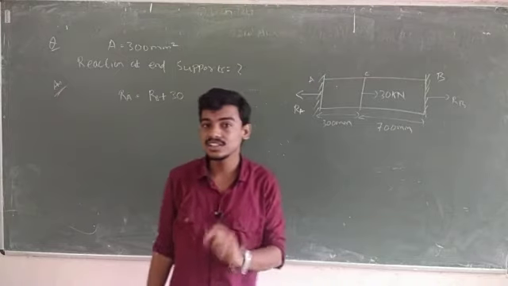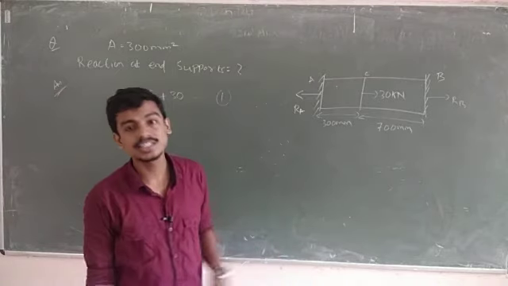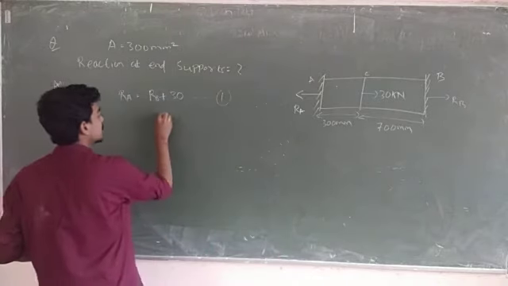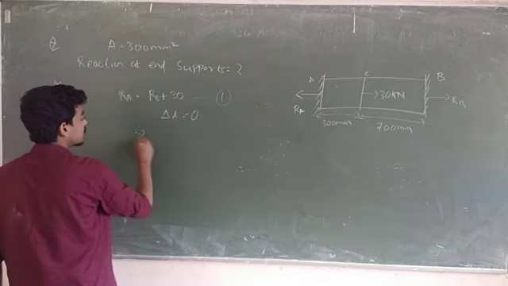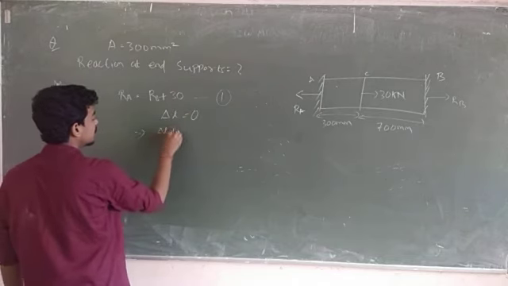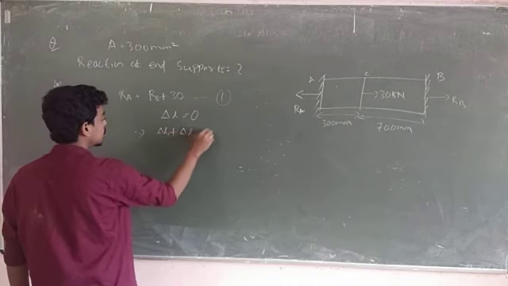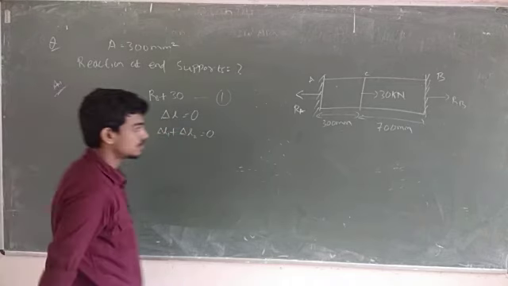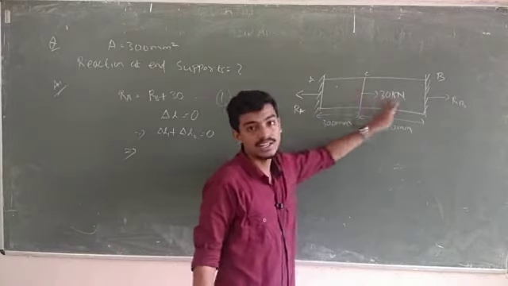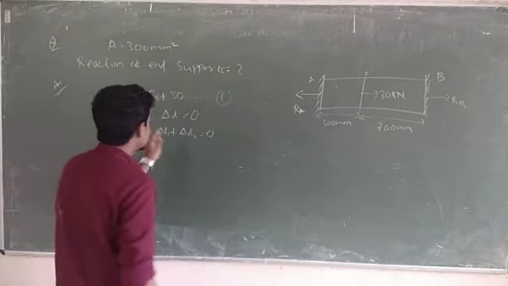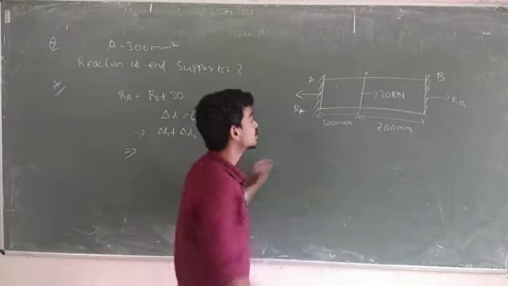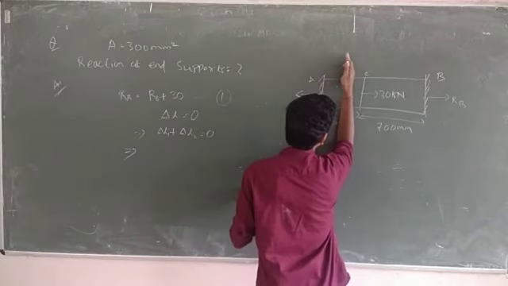Another equation: I already told you, if it is fixed then the total elongation will be 0. So delta L1 plus delta L2 equals 0. Just put the formula. What is the elongation? PL by AE. I already told you to take the direction at the left side.